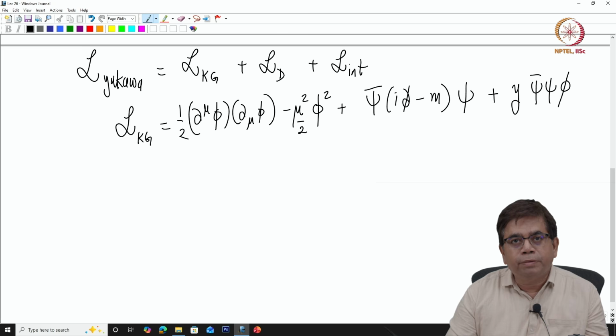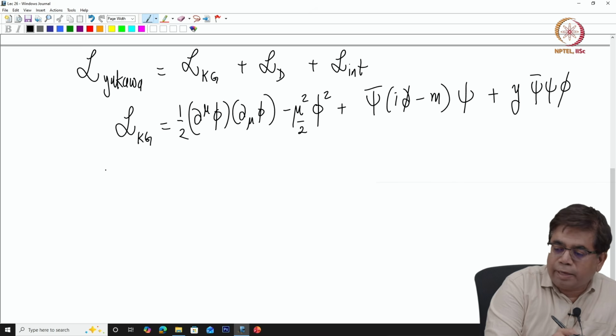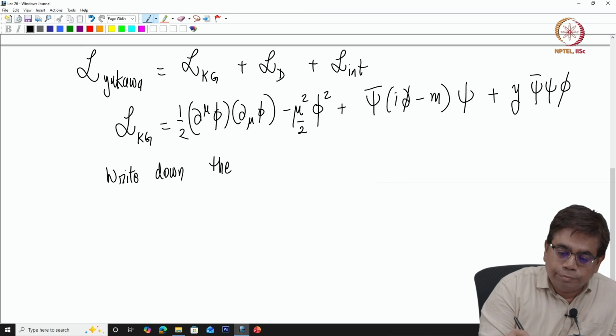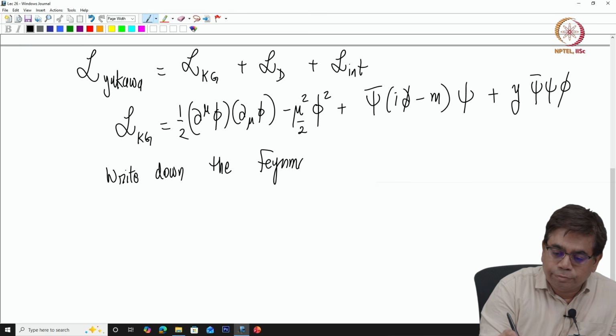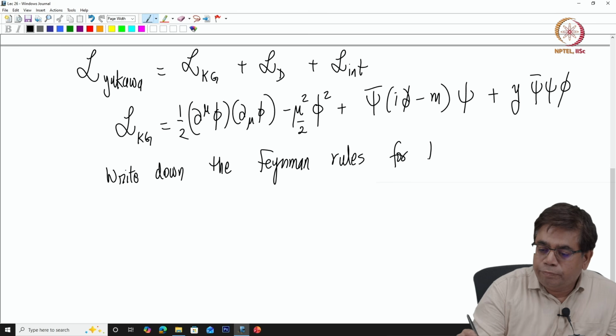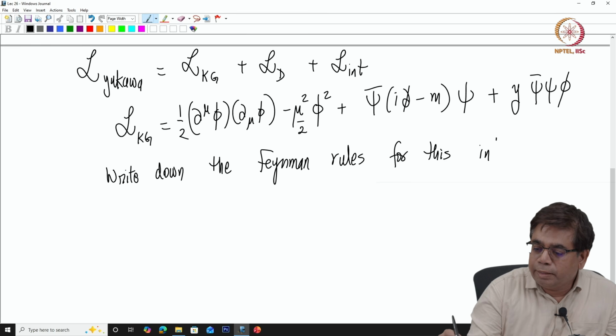We would like to do the same thing using Feynman rules. So, let us write down the Feynman rules for this interacting Lagrangian.